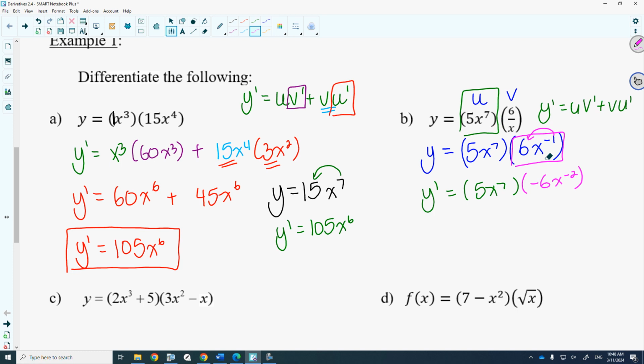So u v prime plus v, so v is 6x to the negative 1. And then u prime is the derivative of the first function. So that would be 35x to the 6.